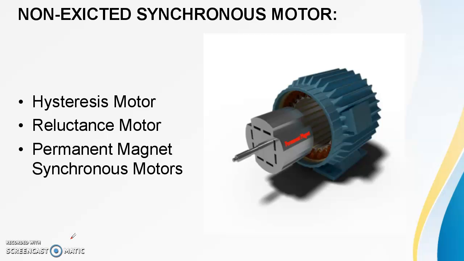First, we are going to see about the hysteresis motor. Hysteresis motor has a cylindrical rotor and works on hysteresis losses induced in the rotor of hardened steel with high retentivity. It is a single-phase motor and its rotor is made of ferromagnetic material with non-magnetic support over the shaft.